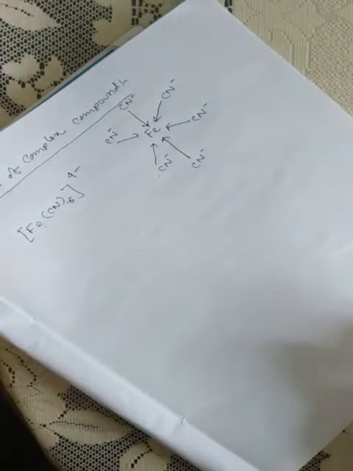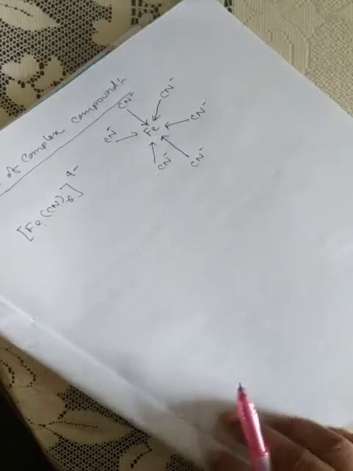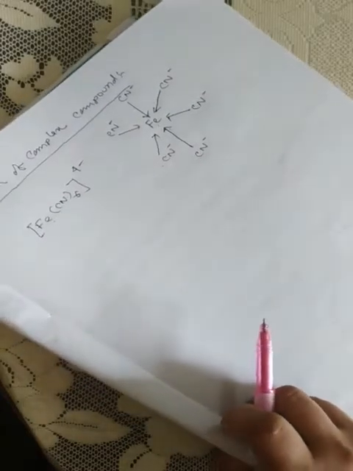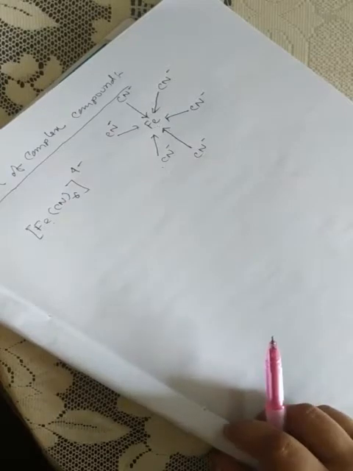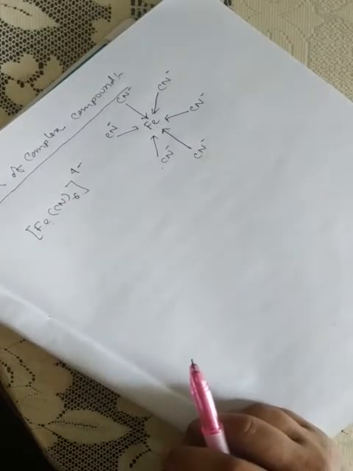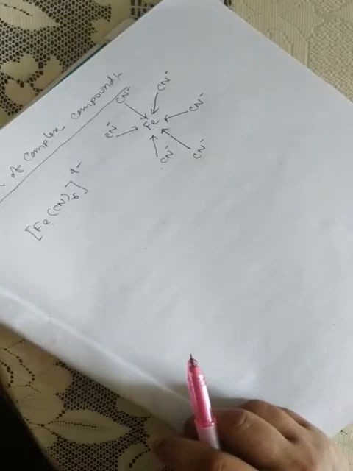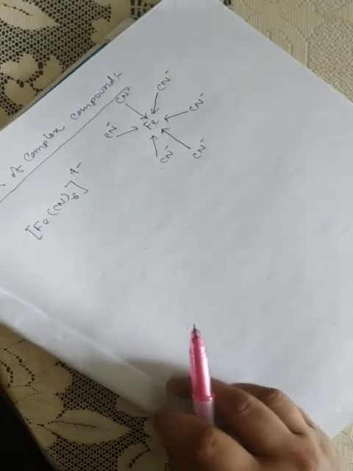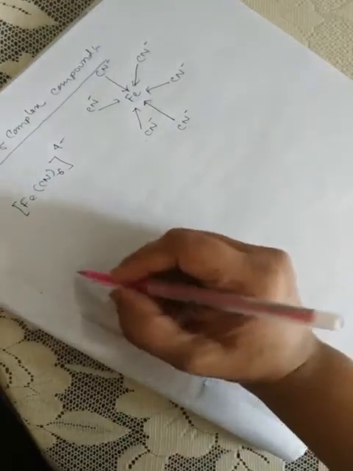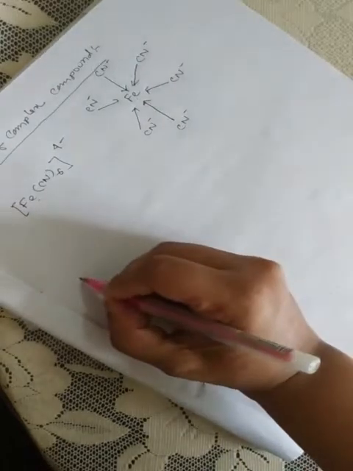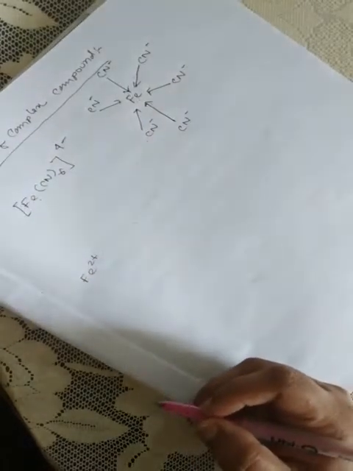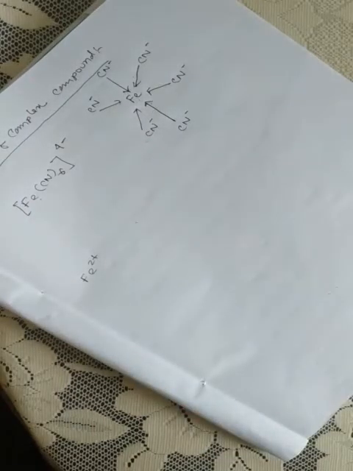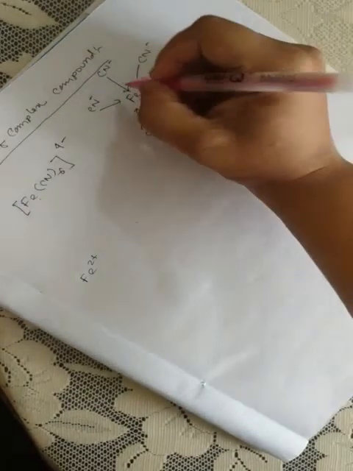Now, why does iron form this complex compound, or why does any transition metal form a complex compound? If we see the electronic configuration of iron 2+, that means it releases 2 electrons to form this complex compound.